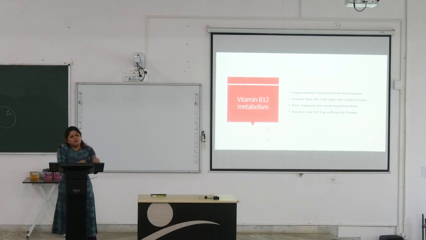Pure vegetarians usually don't present with megaloblastic anemia because they still consume milk. People who follow a vegan diet may present with macrocytic or megaloblastic anemia because they don't even include milk in their diets. So strict vegan diet needs supplementation, and it is stored in the liver, sufficient for 3 to 5 years actually.